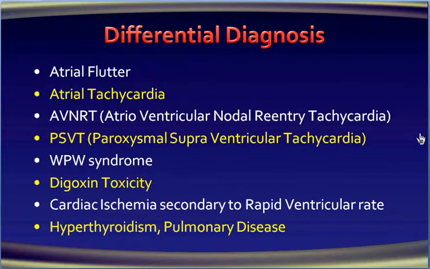Atrial tachycardia, AV nodal reentrant tachycardia, or AVNRT, or PSVT, paroxysmal supraventricular tachycardias, WPW syndrome, digoxin toxicity, cardiac ischemia secondary to rapid ventricular rate, hyperthyroidism, and pulmonary disease, all of them can mimic atrial fibrillation, and we require to exclude these conditions before we confirm the diagnosis of atrial fibrillation.